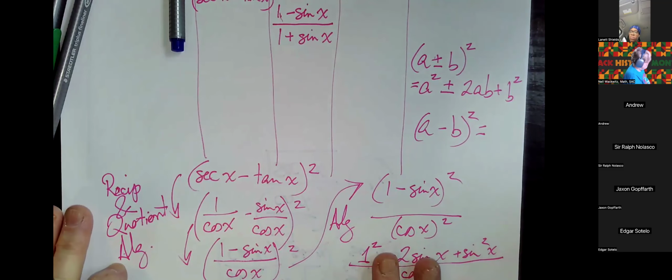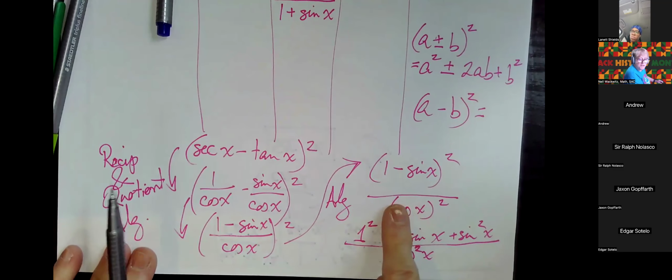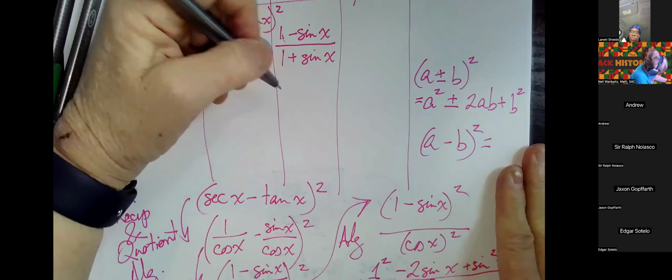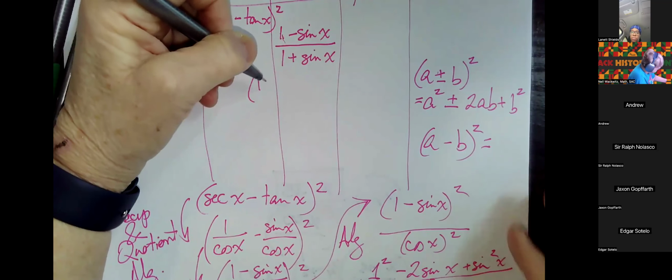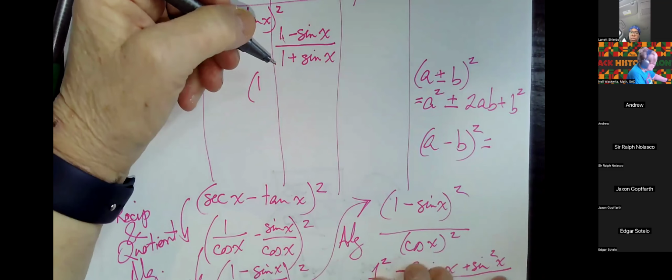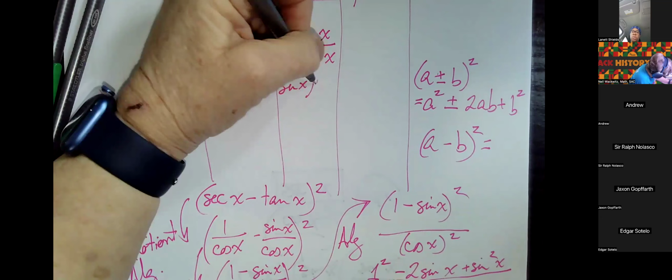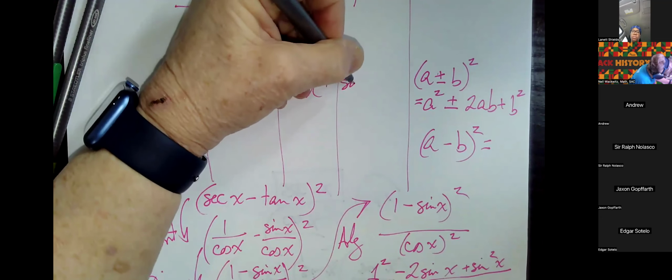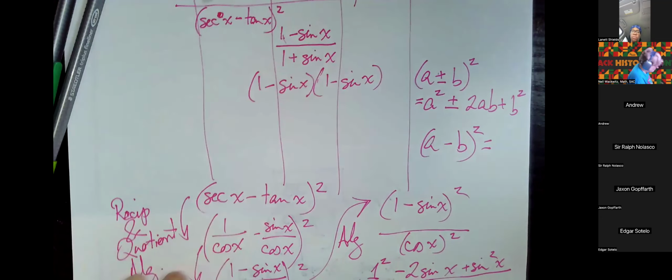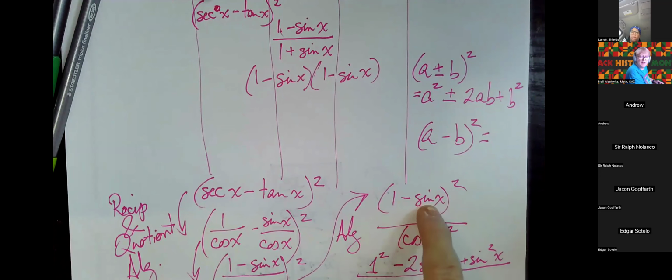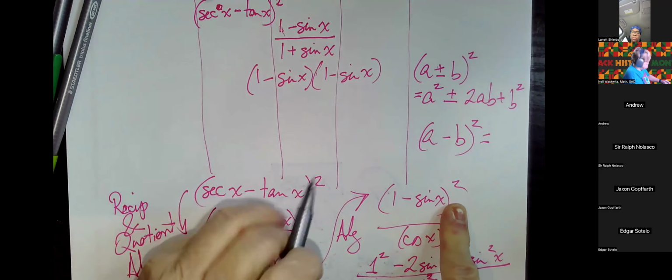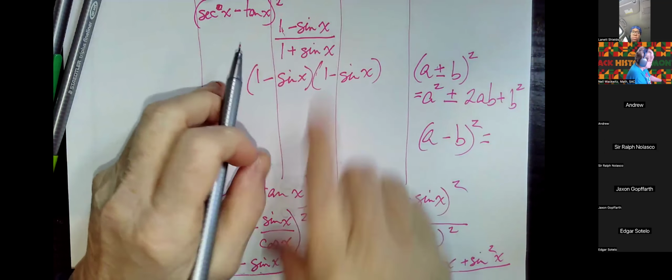I wonder if we could go back here. Actually, we did this squaring thing because I want you to practice it. So we have 1 minus sine x times 1 minus sine x, because we have 1 minus sine x squared. And I'm doing this because the goal has one of them in the numerator.